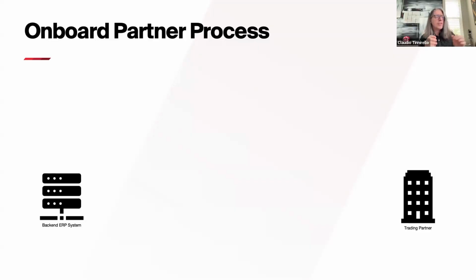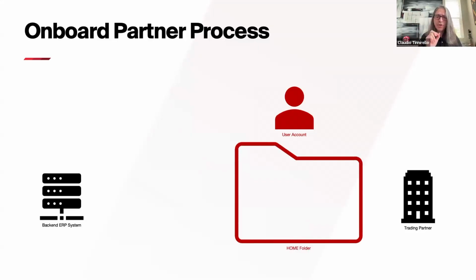So on the left-hand side, you can see my backend ERP system. On the right-hand side, you can see my trading partner. So the first thing I'm going to do is create a user account for that trading partner so they can log in to my system. The second thing I'm going to do is create a home folder so that they have a place to upload and download their files from.